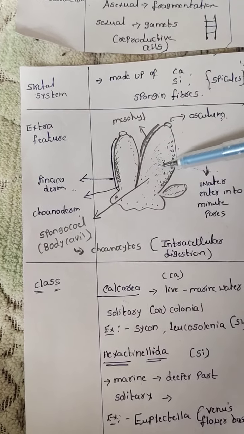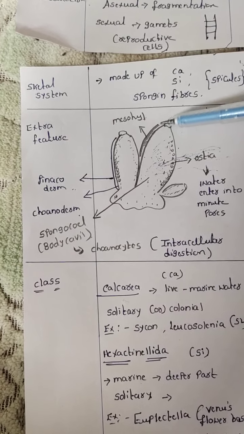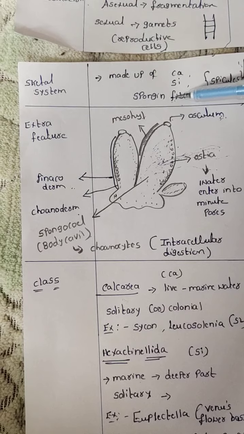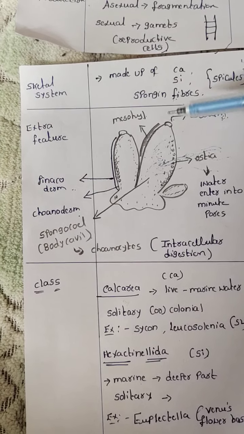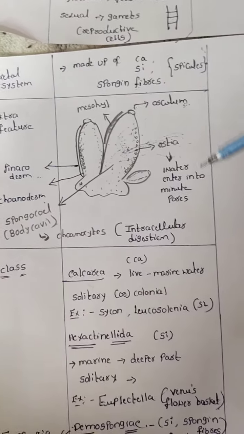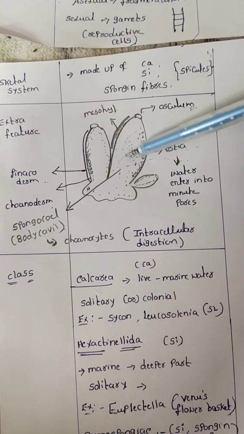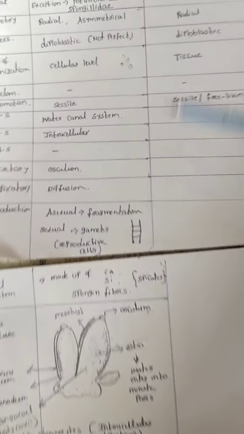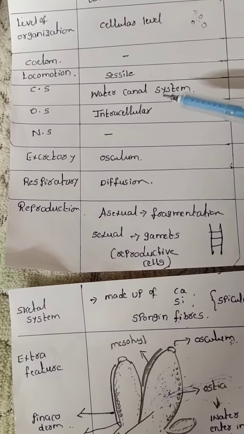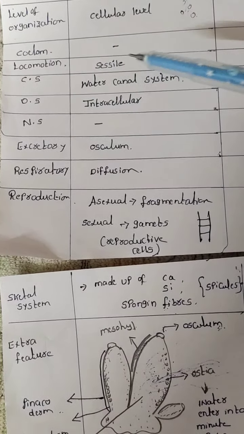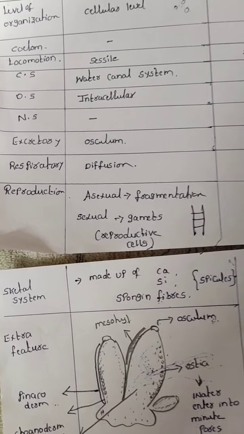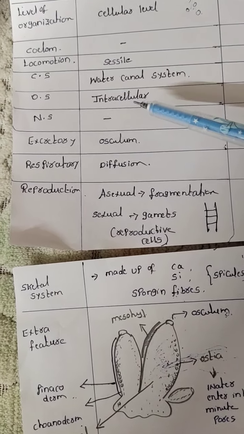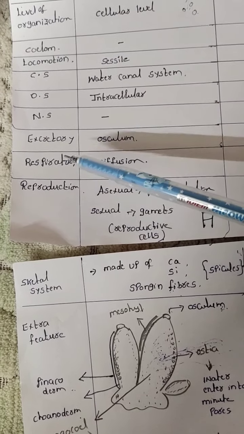From higher concentration to lower concentration, the excretory material goes out by the process of diffusion. That's why when water comes in like this and goes out like this, this type of system is known as the water canal system. So here the circulatory system is what type of system? Water canal system. And digestion is what type of digestion? Intracellular digestion. Now excretion.